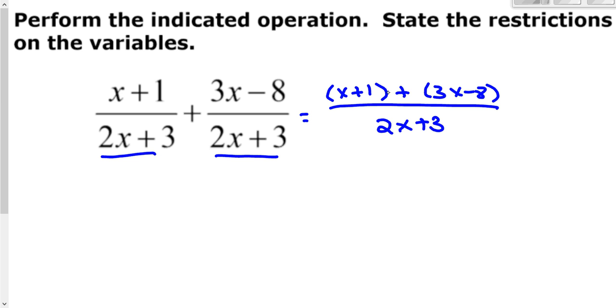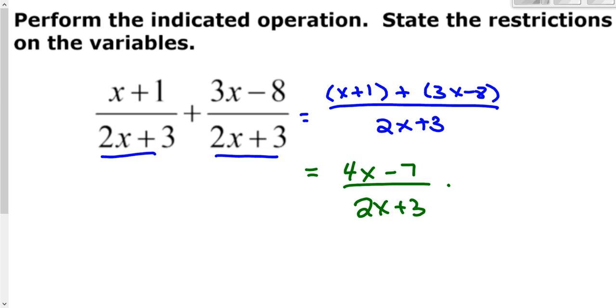Now, since we already have an addition sign, we don't have to do any sign changing. We're just going to combine like terms. x plus 3x, 4x, 1 plus negative 8, negative 7 over 2x plus 3.